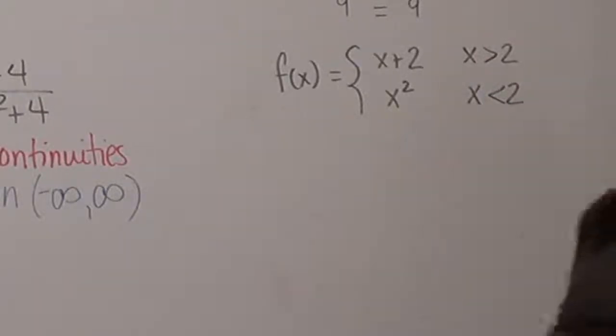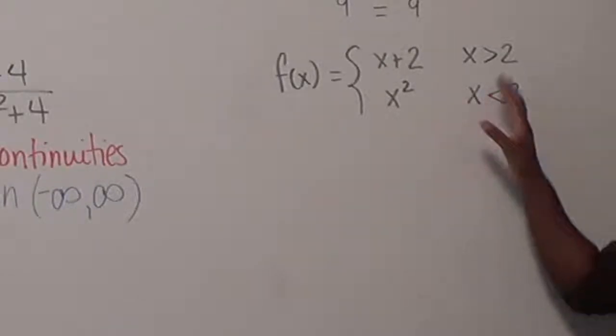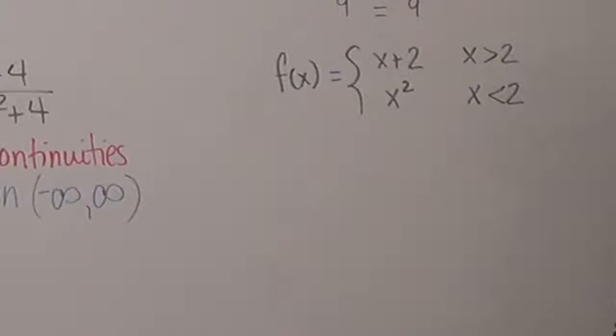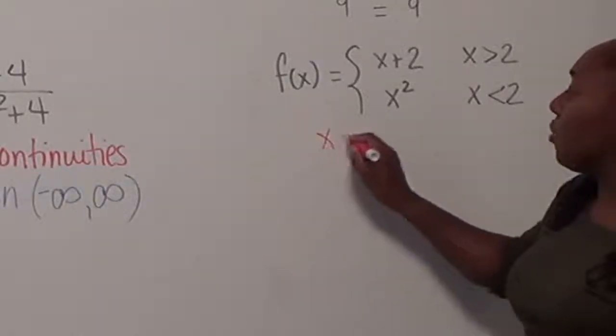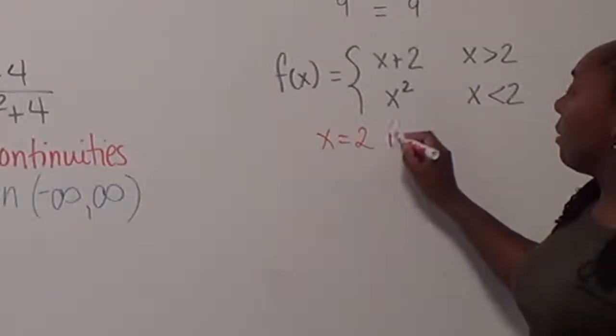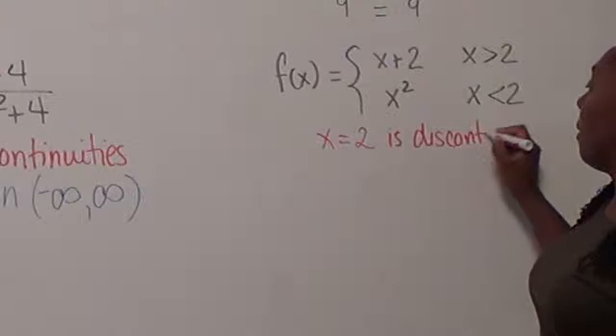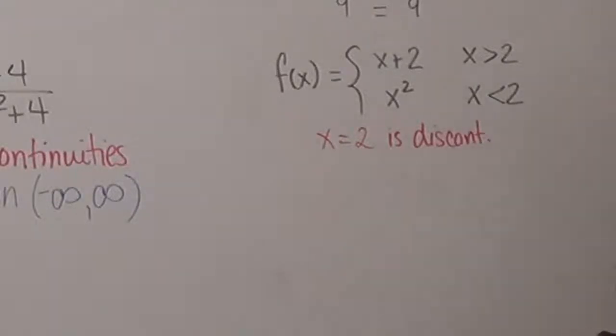For our second condition, if the limit exists, actually we can go back to the first condition. I can see here that I don't have equality in either of my domain pieces. So this tells me that x equals 2 is discontinuous because I don't have any spot where f of 2 is defined.